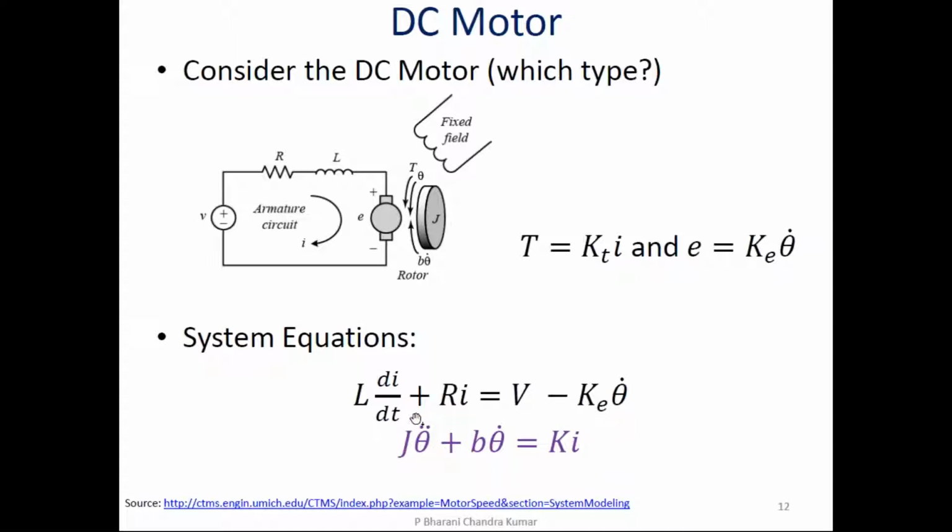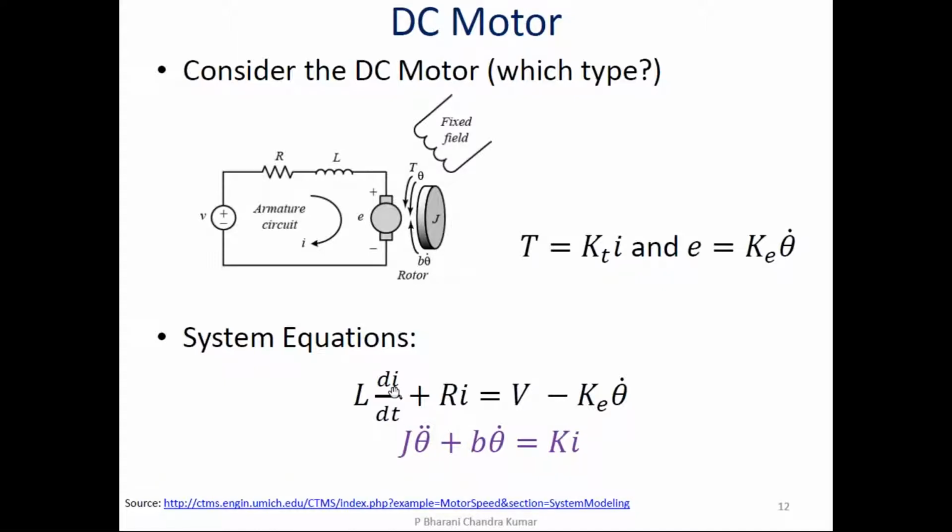This is the electrical equation, and this is the mechanical equation. That's why we call this DC motor an electromechanical device, because it has electrical components as well as mechanical components. We can decouple both of them a little bit. If you assume this part as 0 and this part as 0, you can decouple the electrical and mechanical, but not completely.